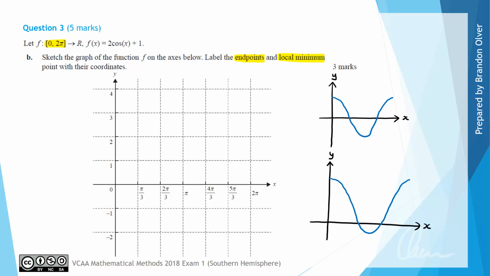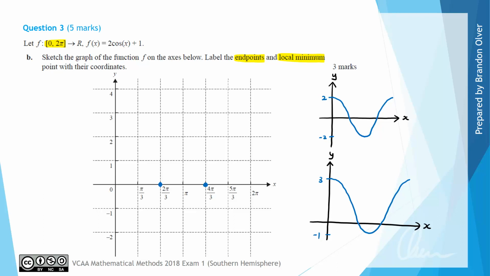And we know in the previous question we solved 2 cos of x plus 1 equals 0, which is the same as finding the x-intercepts of the graph. So we know that they go through 2 pi on 3 and 4 pi on 3. We know that when the graph was not translated, it went between 2 and negative 2, and that now the graph will go between 3 and negative 1.